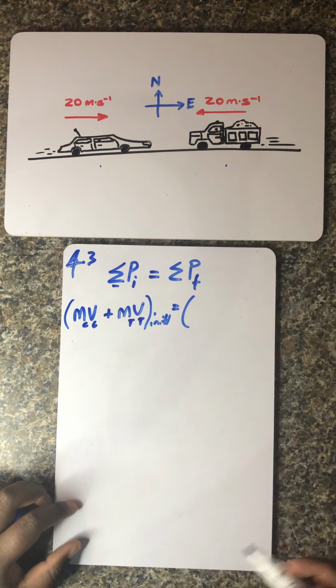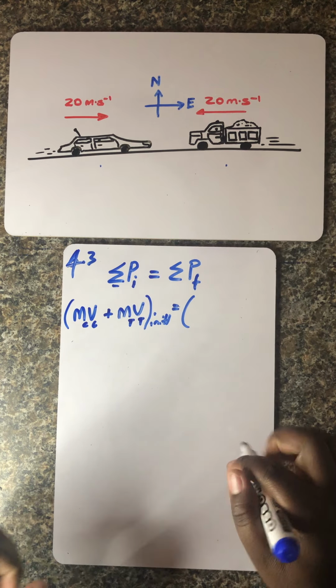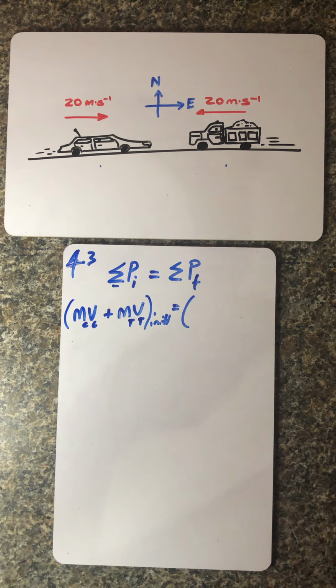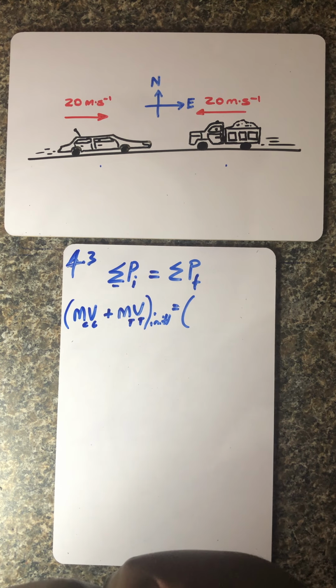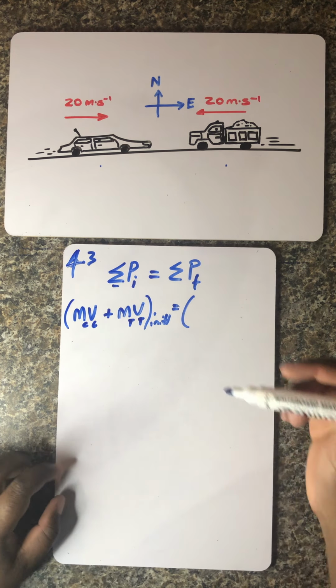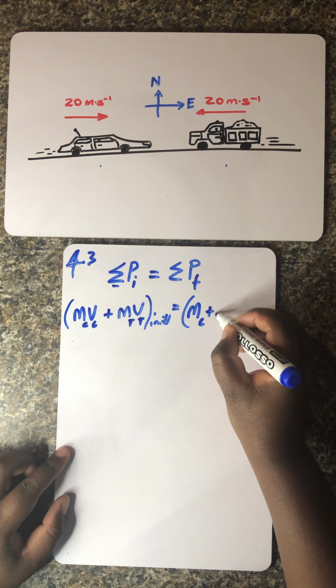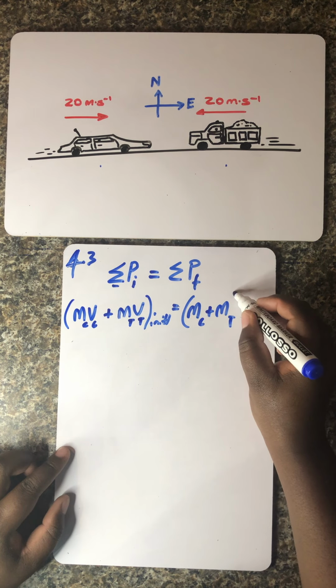Remember, guys, they've just said as soon as these two come into collision, then they stick together. So when they stick together, it means now their mass is combined, so it's just one thing. That's why in my formula I've got the mass of the car plus the mass of the truck.